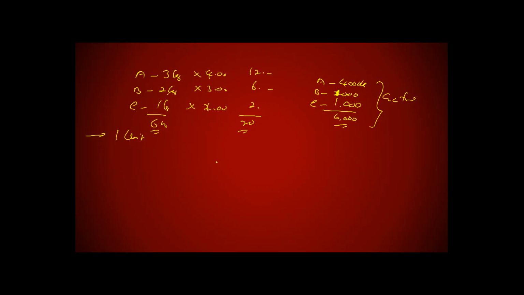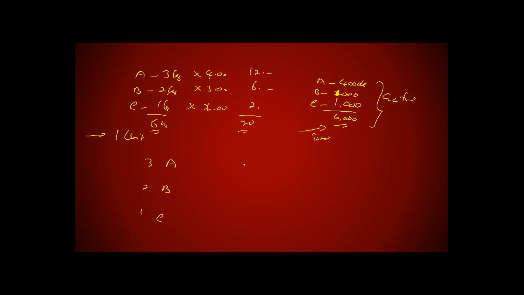So we want to arrange that input. First we look at the input. Total input is 6,000. We know that when the total input is 6, the ratio should have been 3:2:1. When we use 6 kilograms, the input should be A 3 kilograms, B 2 kilograms, C 1 kilogram.